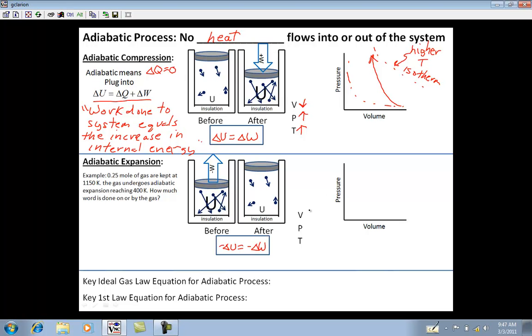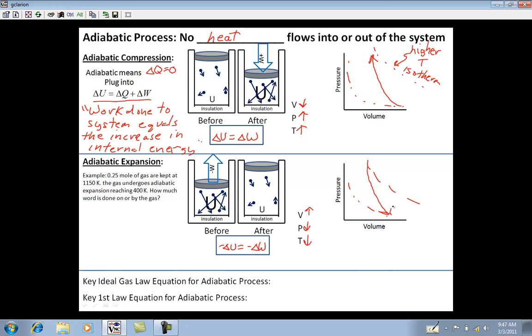In this case, what happens to the volume? It increases. What about the pressure? Decreases. And the temperature? Decreases. All right? And so the way this looks on here is it goes from the higher temperature isotherm to the lower temperature isotherm, like that. Okay, on the pressure volume graph.